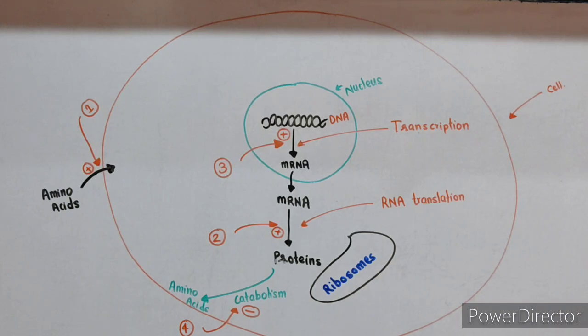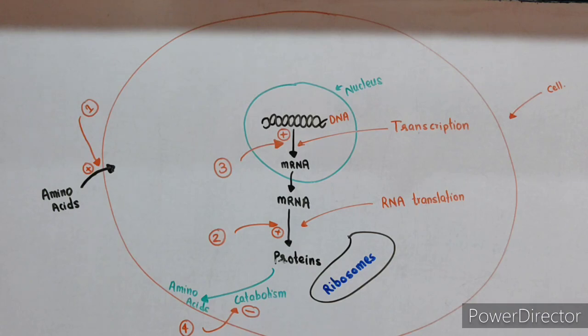Third effect of growth hormone is on transcription. It enhances the transcription of DNA in the nucleus to form more mRNA. So if there is sufficient concentration of amino acids, sufficient vitamins and sufficient energy inside the cell, then by acting on transcription of DNA, growth hormone can increase the synthesis of proteins. So effects 1, 2 and 3 cause more protein synthesis.